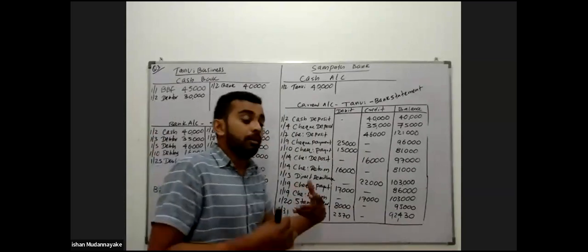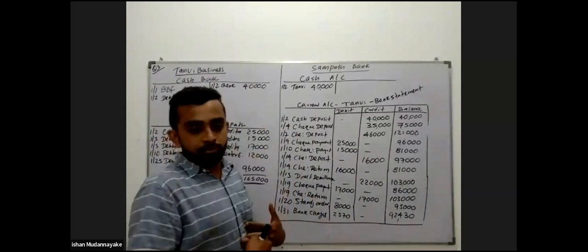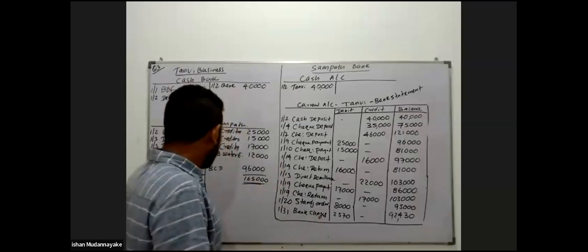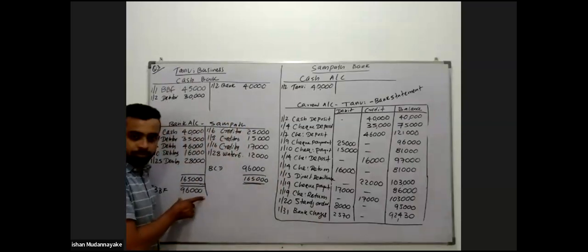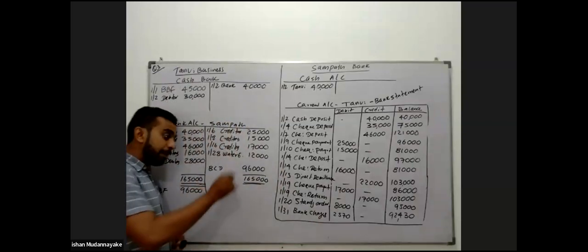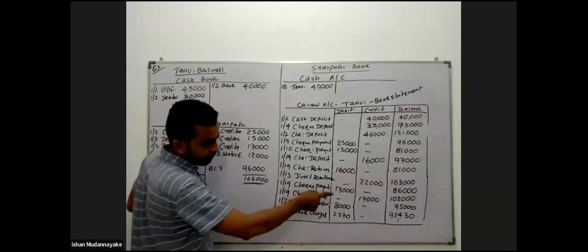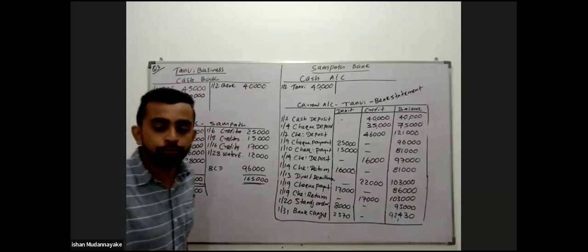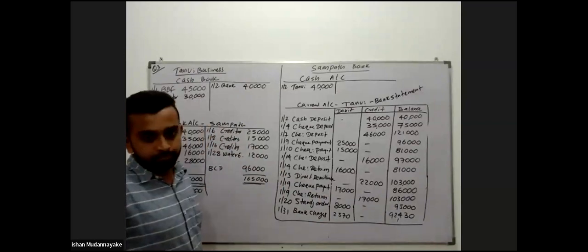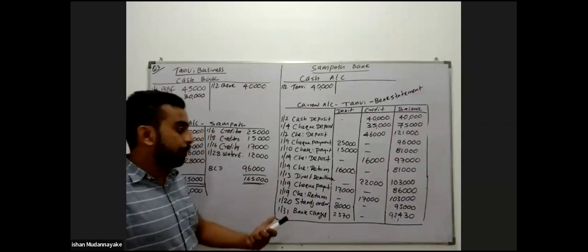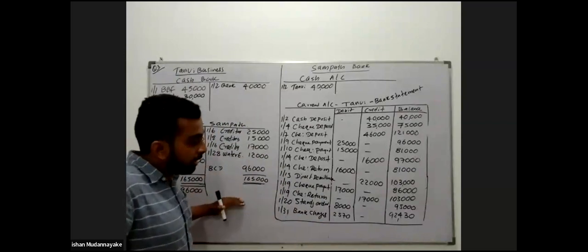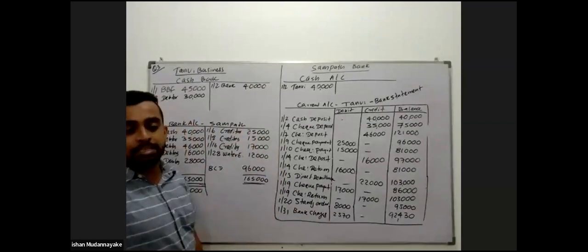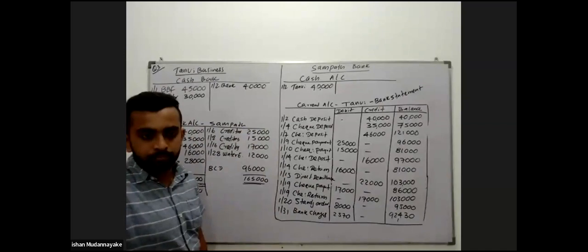But according to our bank account, the balance is 96,000. There's a difference, a gap between the bank account and the bank statement.